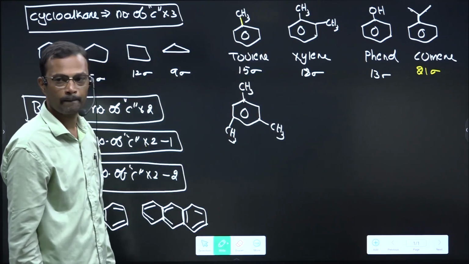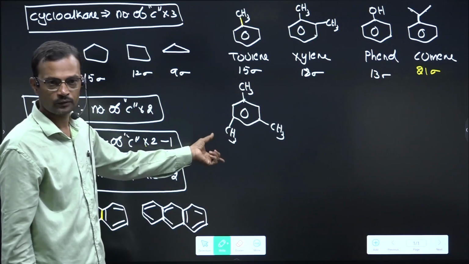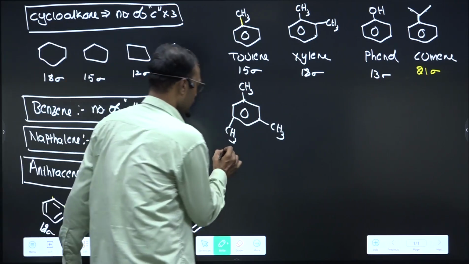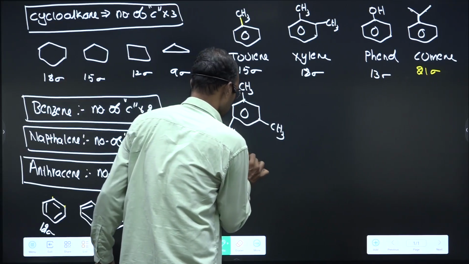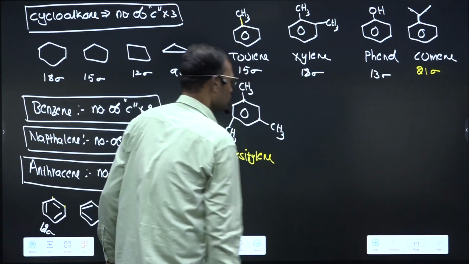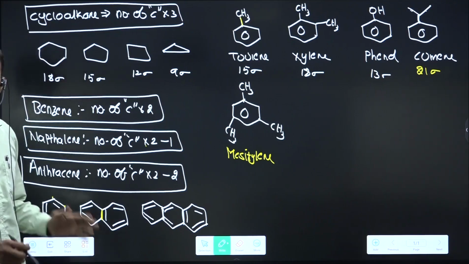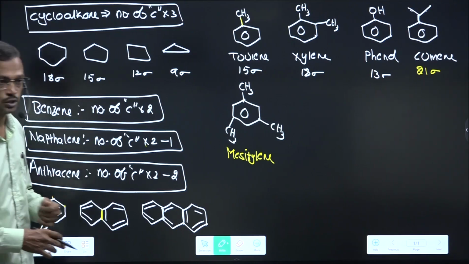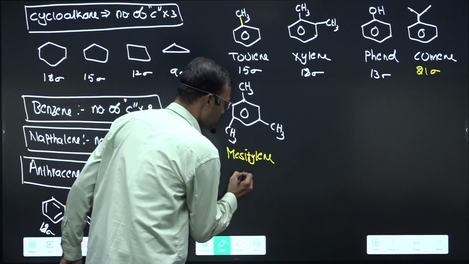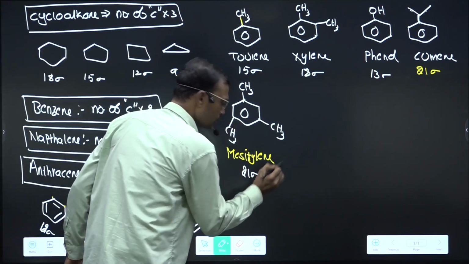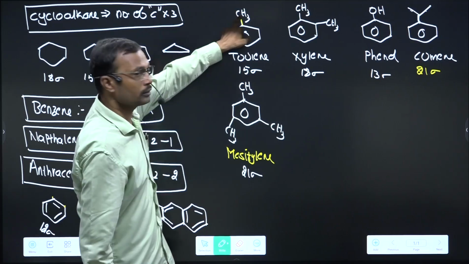See, this is mesitylene. Mesitylene is the compound used in Grubbs catalyst second generation, GC2. How many sigma bonds? First, 21. Here how many outside? 1 saturated.